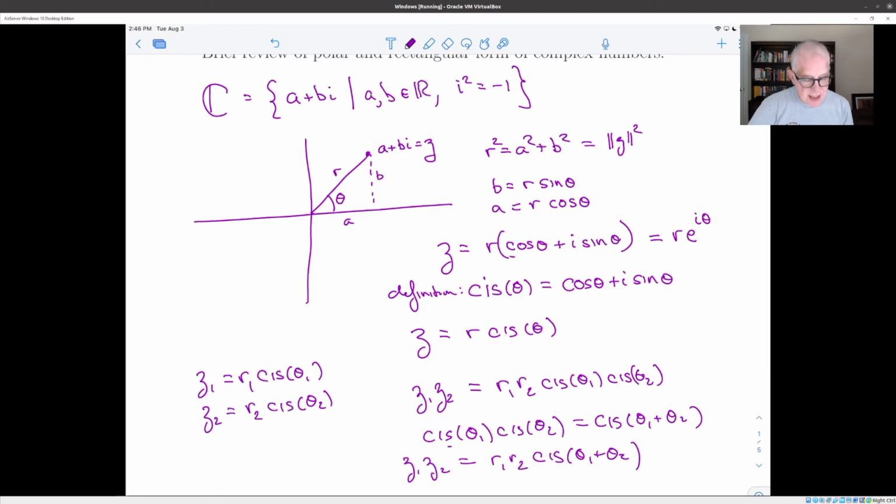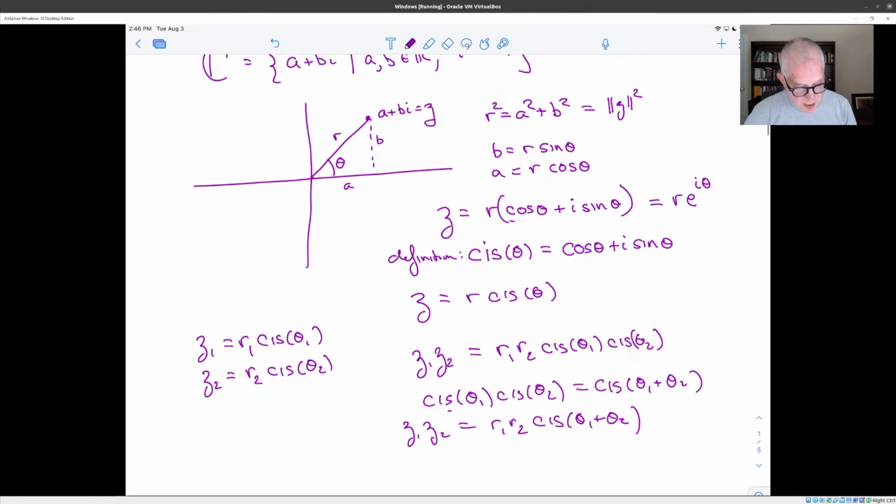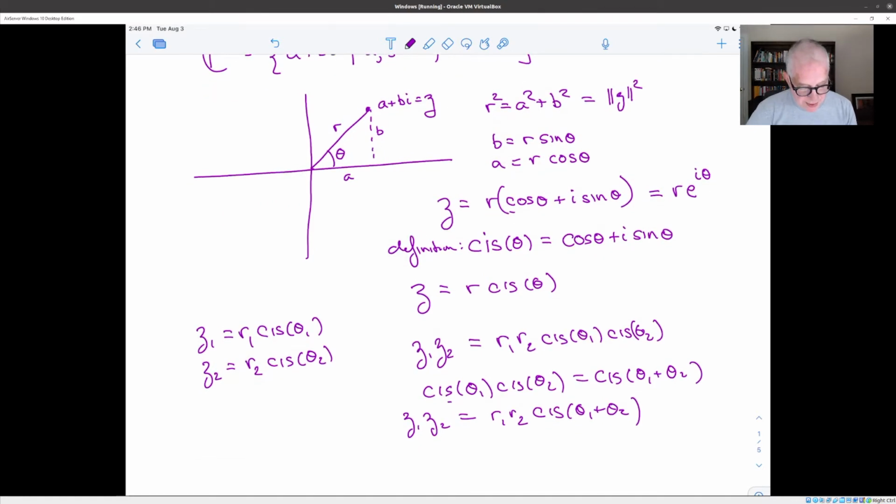If you haven't worked with complex exponentials and you want to see why this is true and you're brave, what you can do is take cosine theta 1 plus i sine theta 1 and multiply it times cosine theta 2 plus i sine theta 2, and work this out, and you get something plus i times something else.